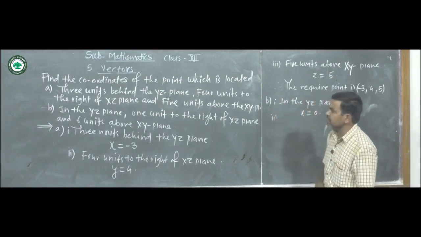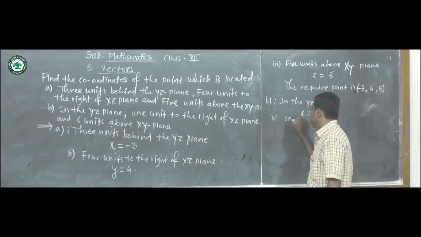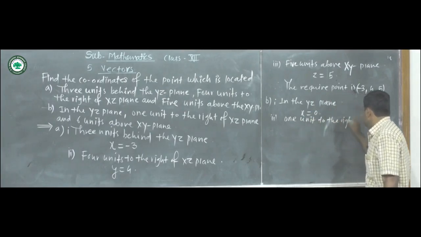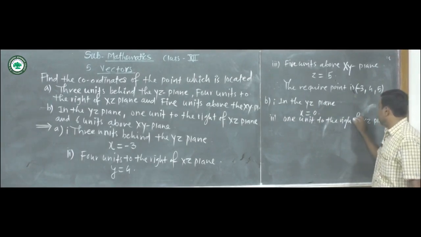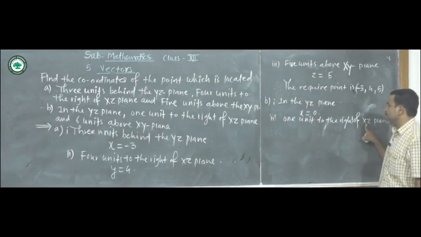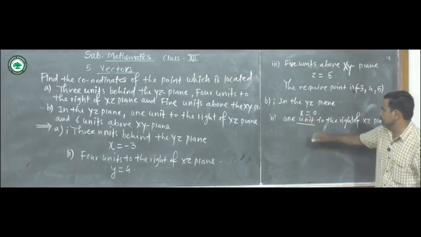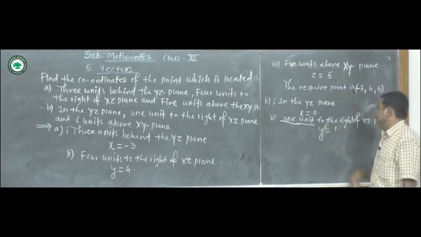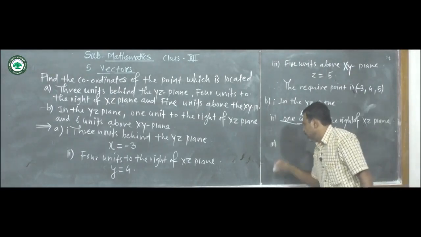The second condition is 1 unit to the right of the XZ plane. The word right, XZ plane. So the y coordinate is positive, and the measure for that is 1 unit. So y is equal to 1. That's why the sign is positive. Third.